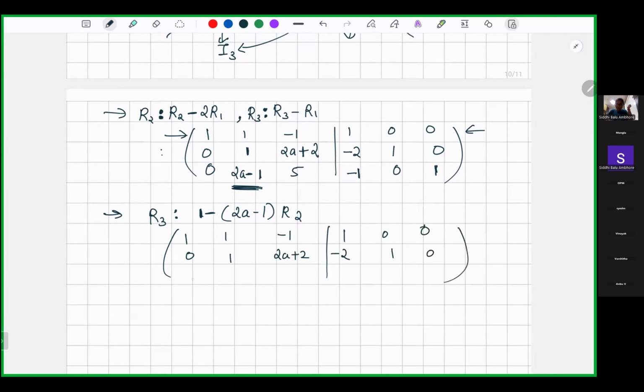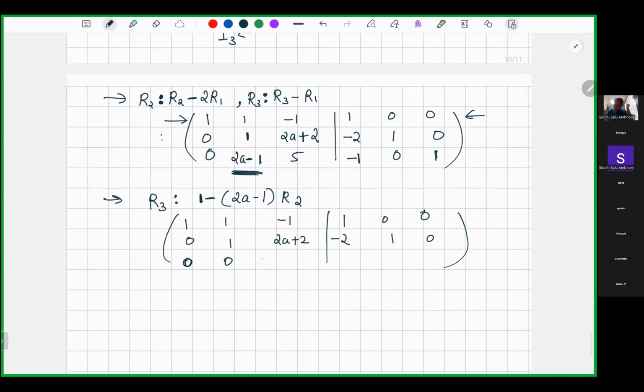And now the third one changes. So 0 remains as it is. This becomes 0 because that's how I choose. And this is 5 minus 2a plus 2 into 2a minus 1.